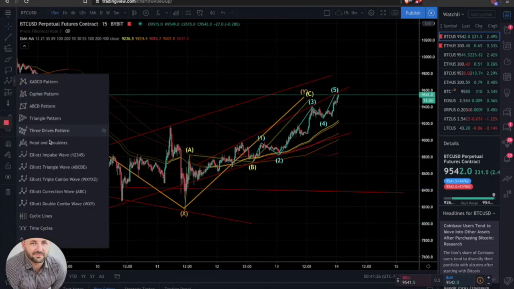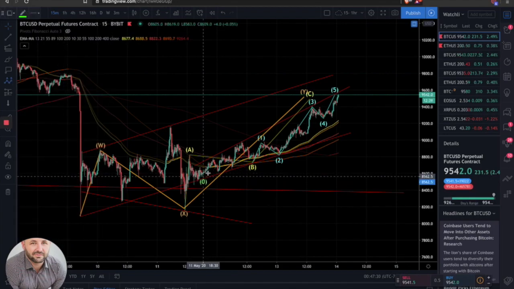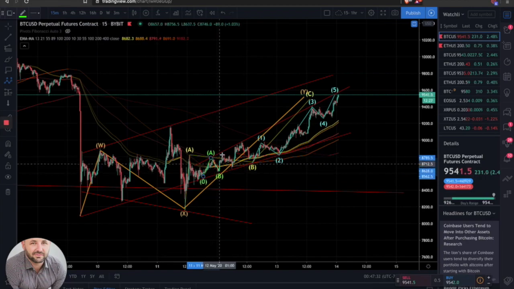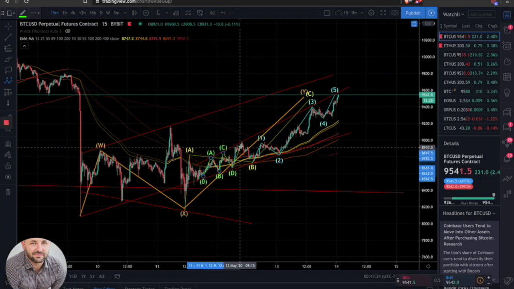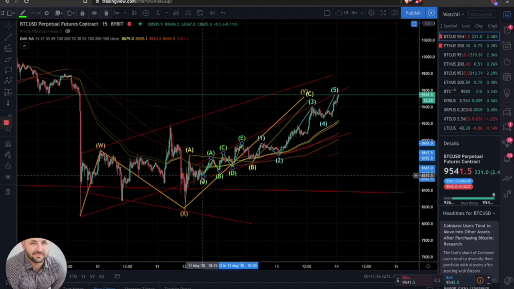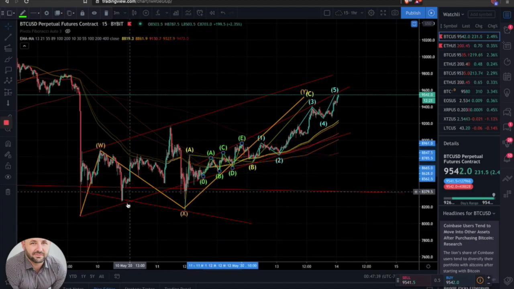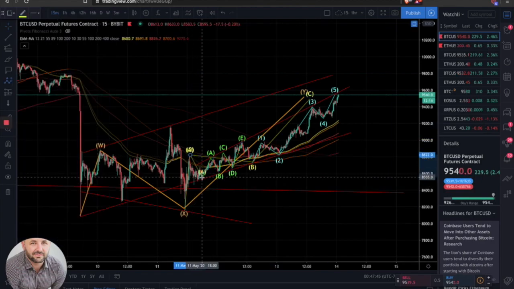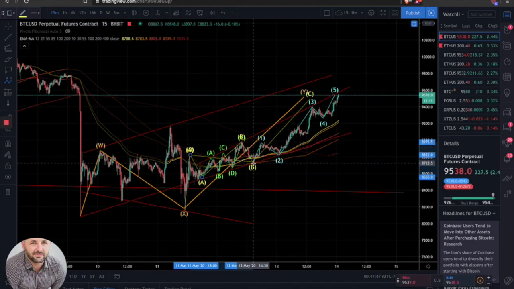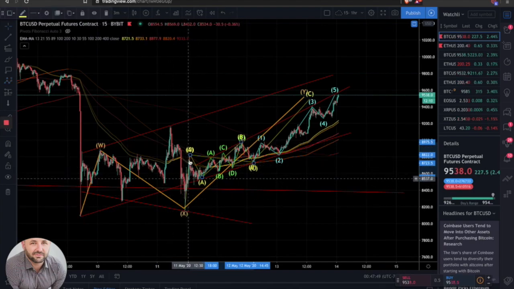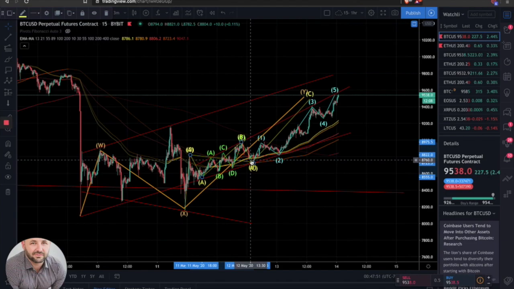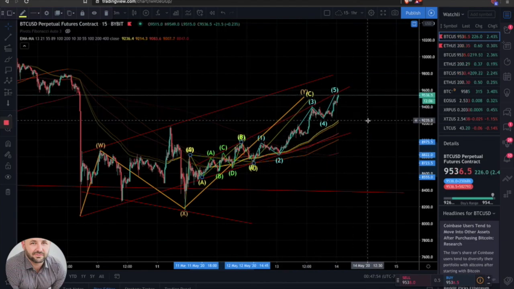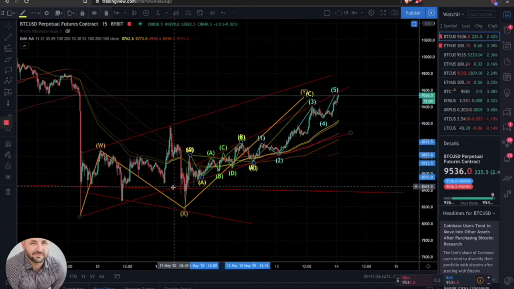All right, so the internal structure, this is an A, B, C, D, E, right? So this whole thing ended up being a B wave. So coming off of the A, and then your B, and then your C. Again, 3-wave in here, 3-wave here for your B, and then your 5-wave move up for the C.